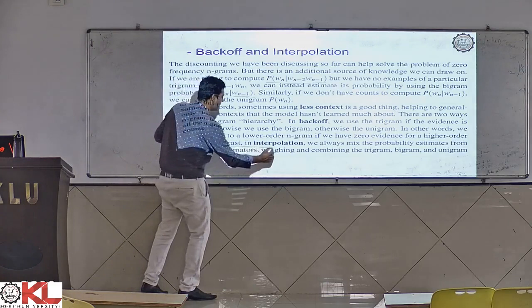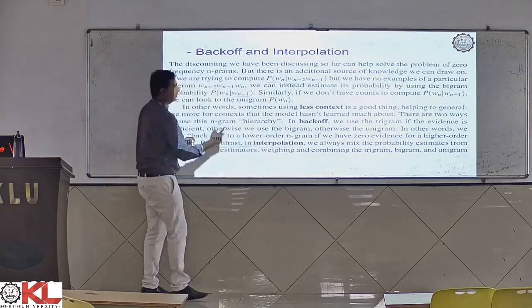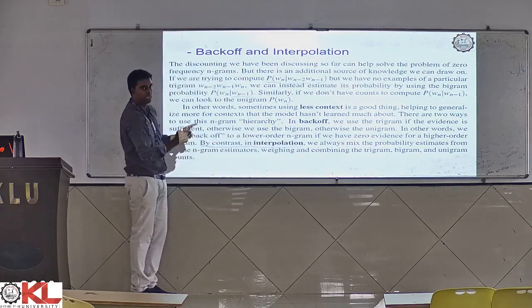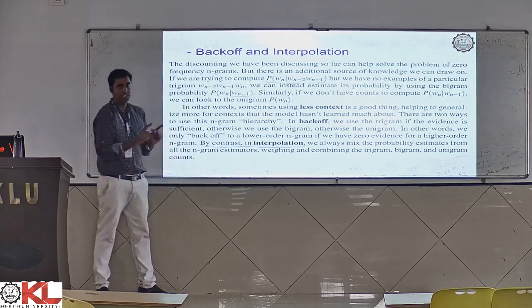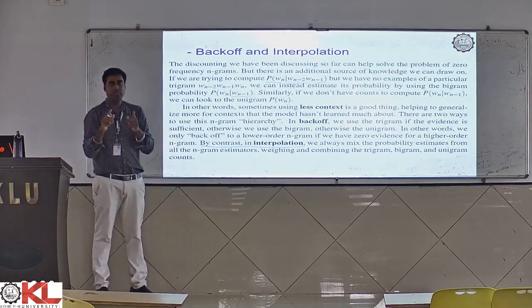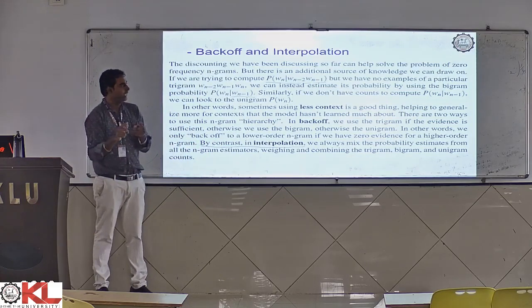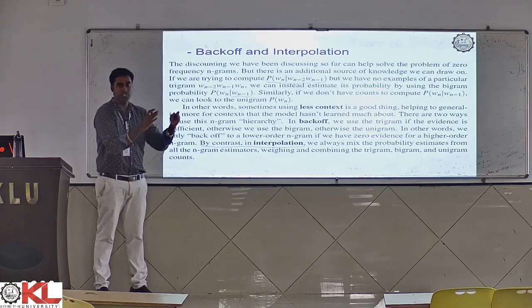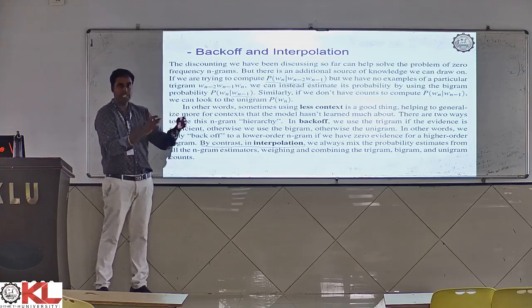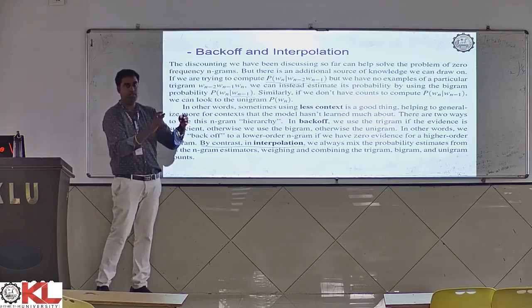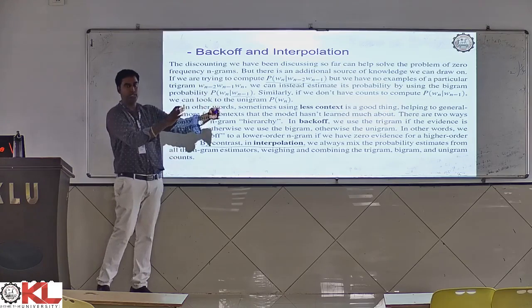By contrast, compared to interpolation, what is the back off condition? While we are using the trigram model, if we do not have enough examples to compute, we will immediately go to the previous one, that is bigram. In bigram, if we are not able to find properly, we will go to the previous one, that is unigram.